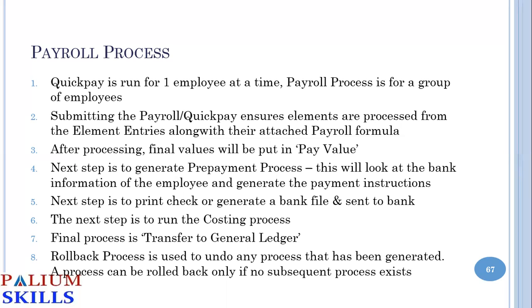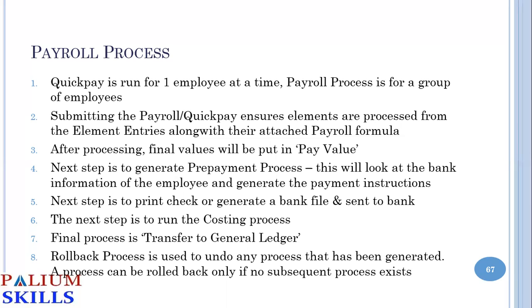Let's say US payroll. That means it will look for those employees who belong to US payroll. Let's say there are 5 employees. It will first go to employee 1, pick up the element entries for that employee, as if it is going to run 5 different quick pays. What will quick pay do? It will look at the employee element entries and process it. Yes, same thing.